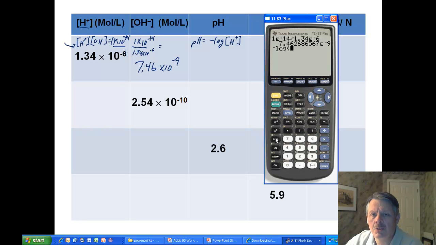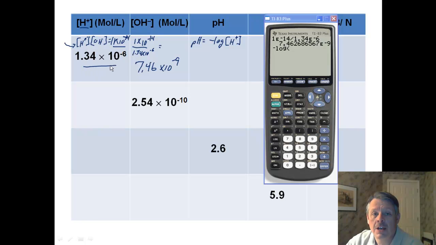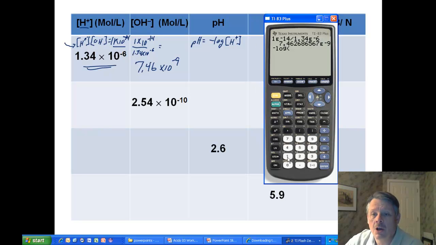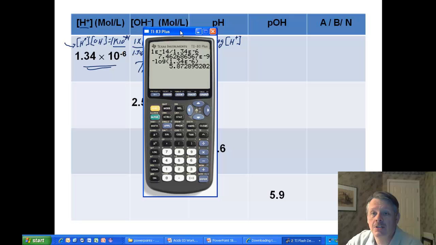So negative log, and we're talking about this number because that is our concentration. So we have to say negative log of 1.34, and again, this times 10 to something is always the second EE key, and it's going to be the minus 6th. So there's your minus 6, and then you end your parentheses, and you're done. And it's magic, and your answer is 5.87.